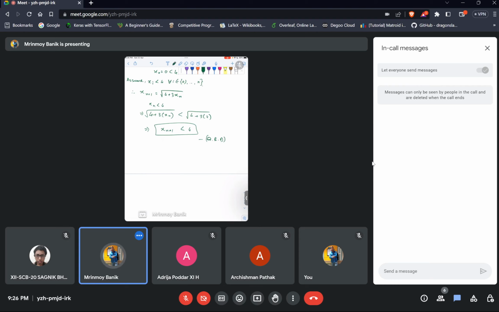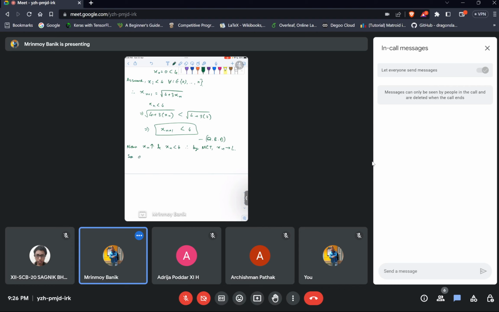Now we have xn increasing and xn bounded by 4. Therefore, by the monotone convergence theorem, xn converges to some L. So xn is convergent. Now we need to find the supremum.